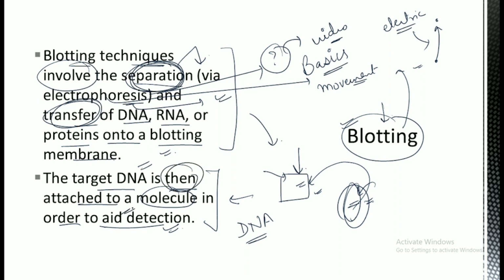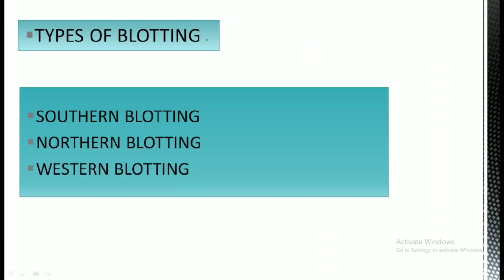That means we have the DNA molecule transferred to this blotting sheet. Now we will be attaching a specific tag to it. Tag means something which could help us to differentiate it from the other DNA molecules. So this is the basic mechanism behind the blotting technique.